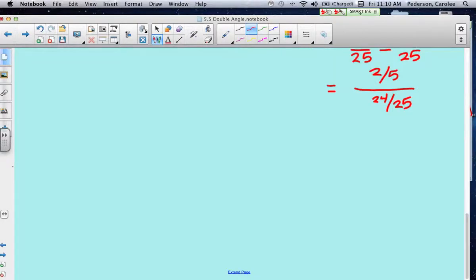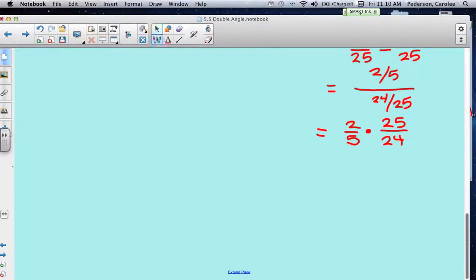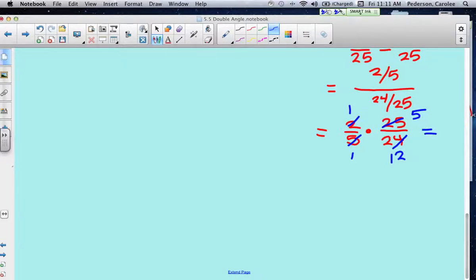Now we need to keep the top fraction, change it to multiplication, and reciprocate. And we have some reducing to do. We can reduce these 5s by 5, so this is a 1 and a 5. We're going to do this by 2. This becomes a 1 and a 12. Now multiply across. 5 twelfths is my answer there.